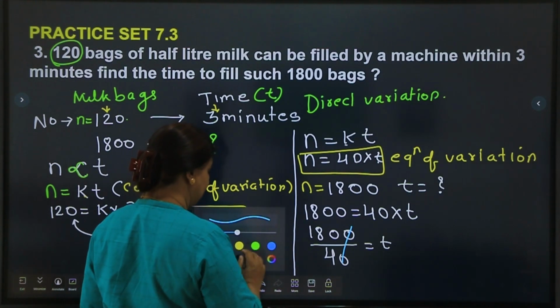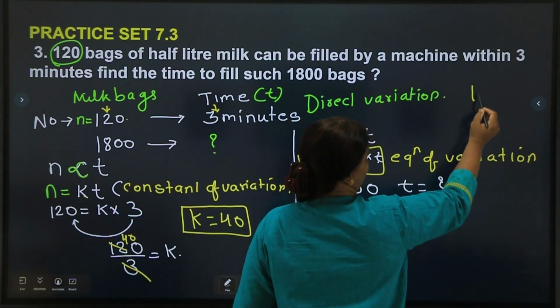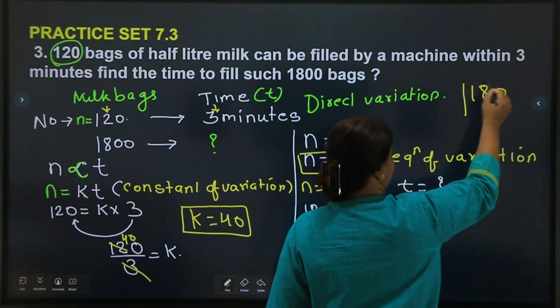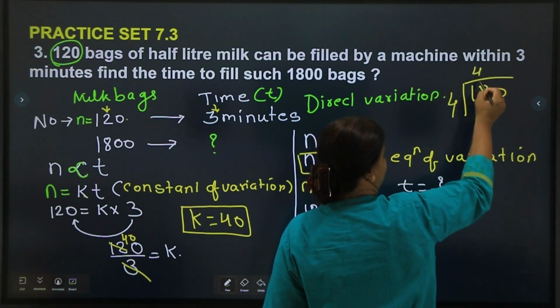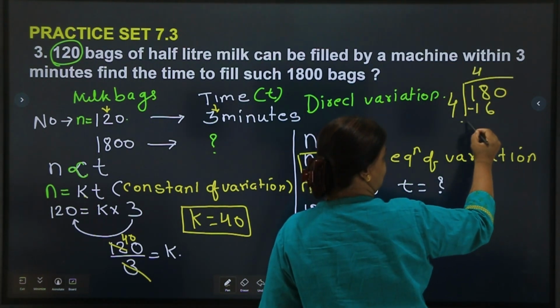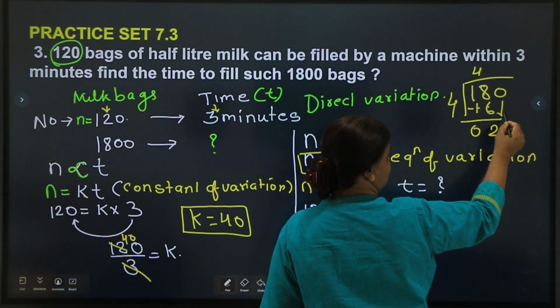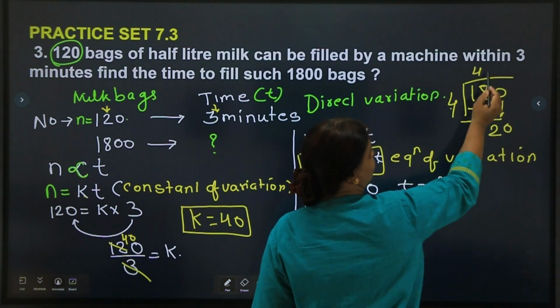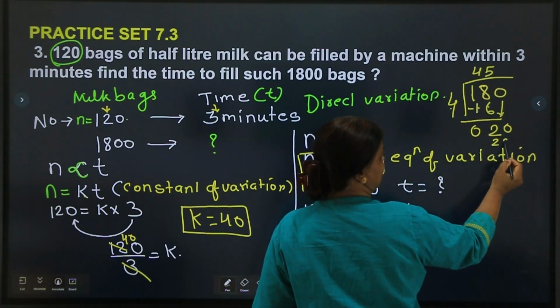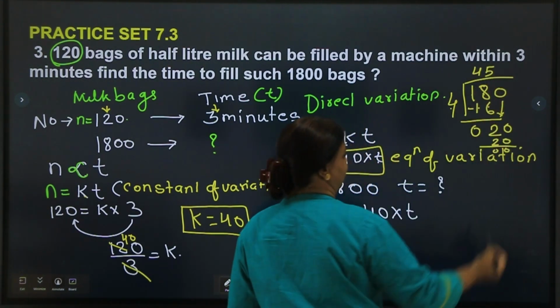Let us divide 180 by 4. 4 4s are 16, 18 minus 16 is 2, 1 minus 1 is 0, 0 will come down, 4 5s are 20 and here you get 45.